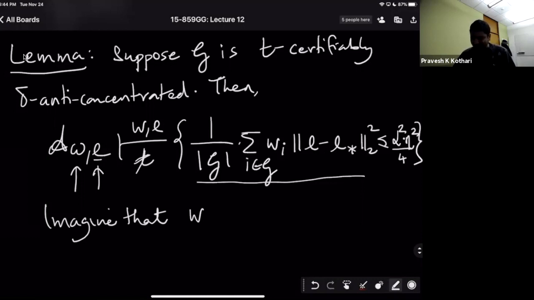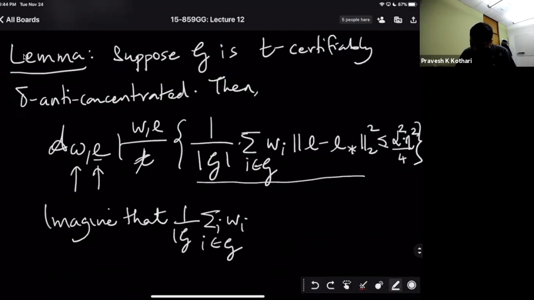So the intersection of W with G is simply this quantity, and if we normalize it, this is the normalized intersection of the set indicated by W with G. Imagine that this is large.